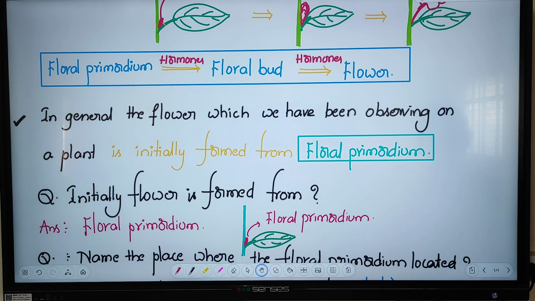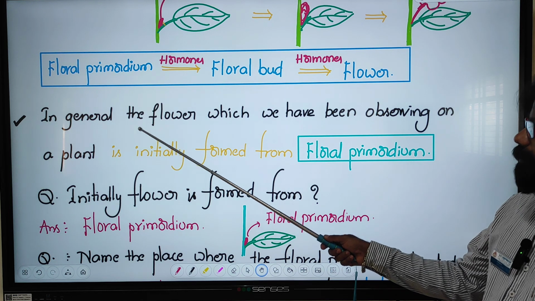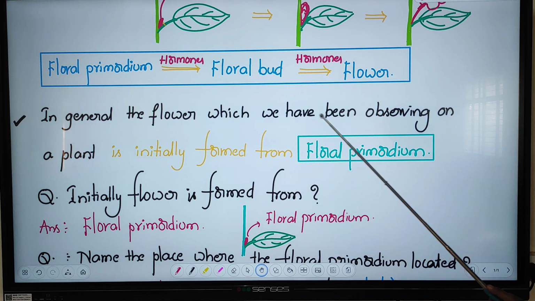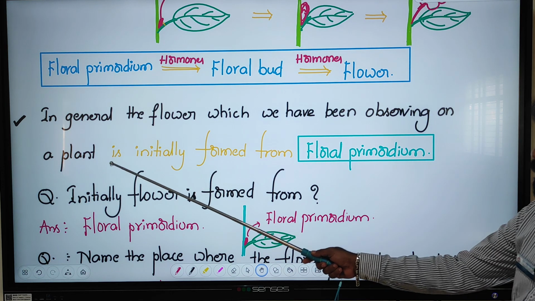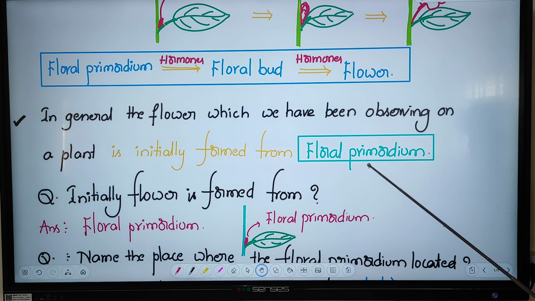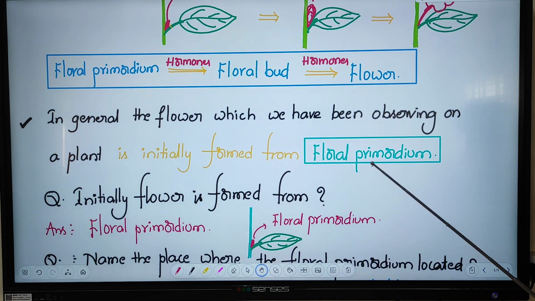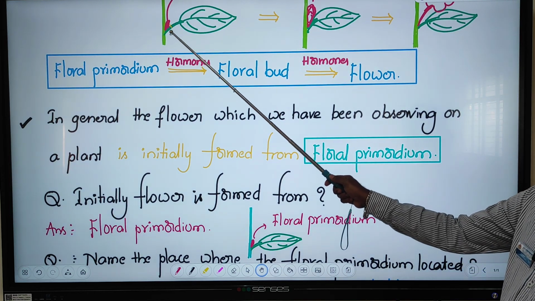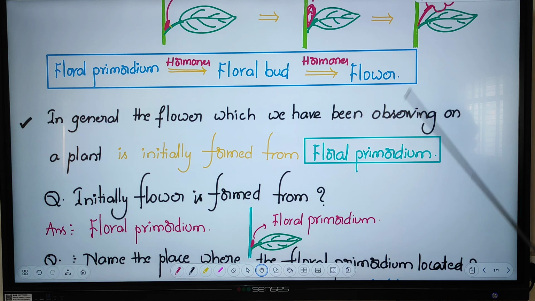So on this diagram we can create a few questions. In general, the flower which we observe on a plant is initially formed from the floral primordium. What do you mean by floral primordium? This finally gave this flower.